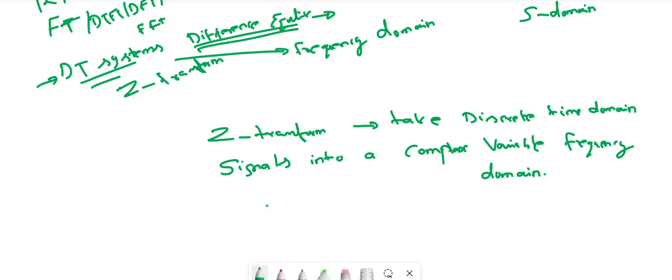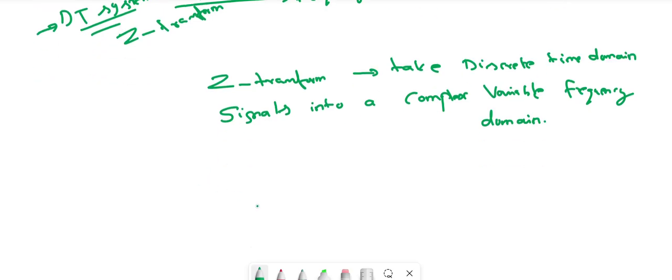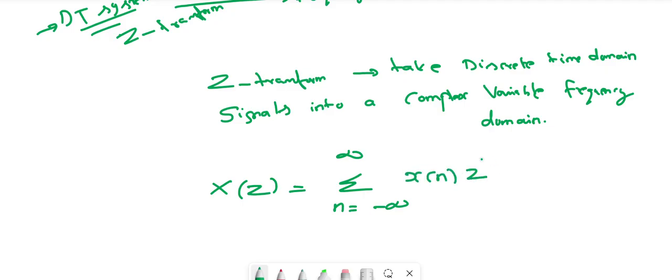How can you represent the signal? X of z is equal to the summation of n equals minus infinity to plus infinity of x of n into z power minus n.